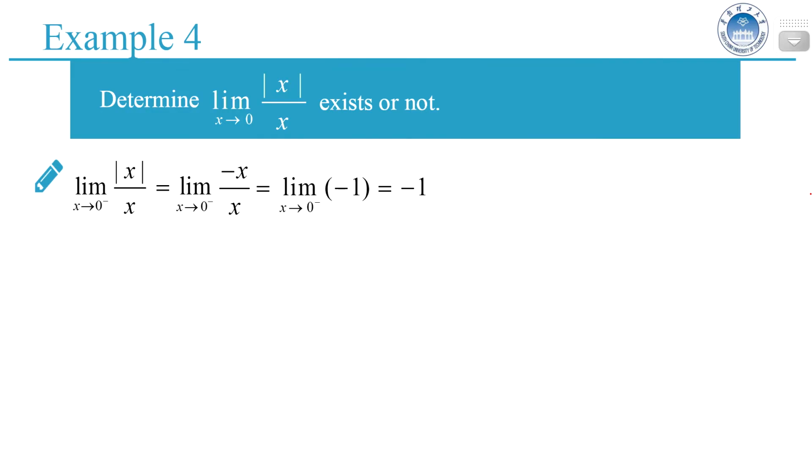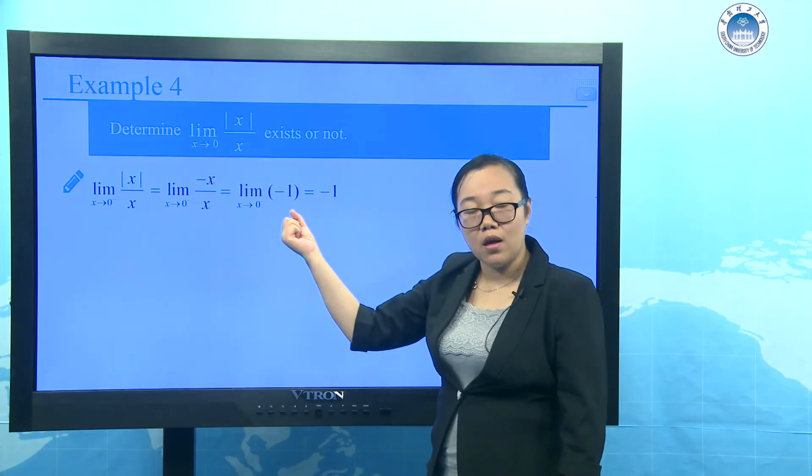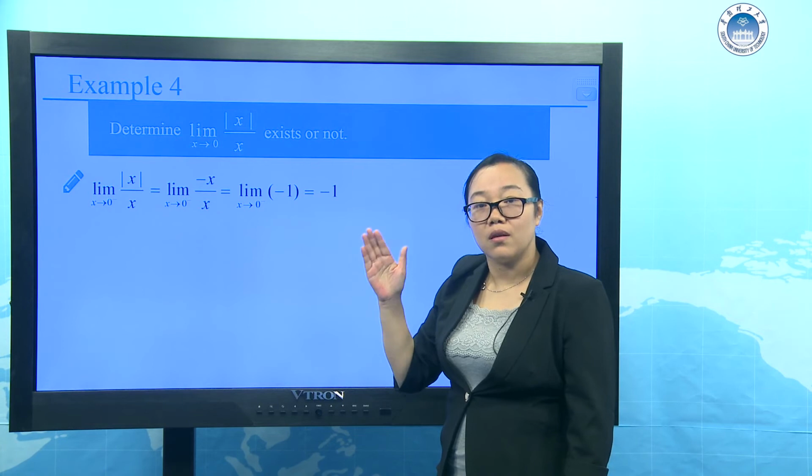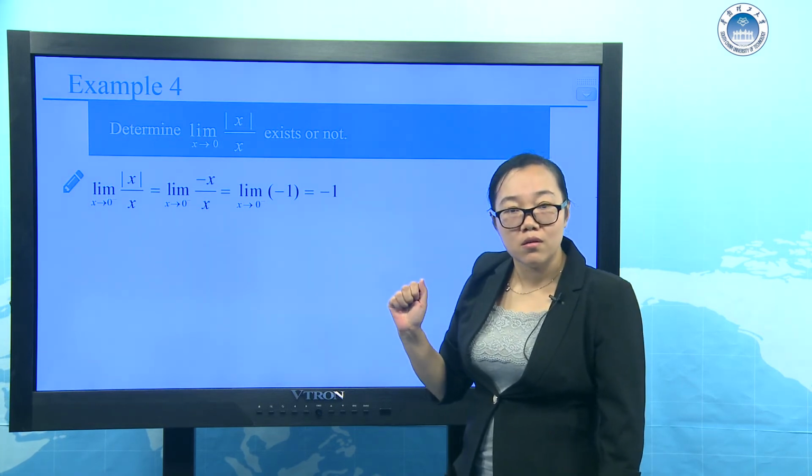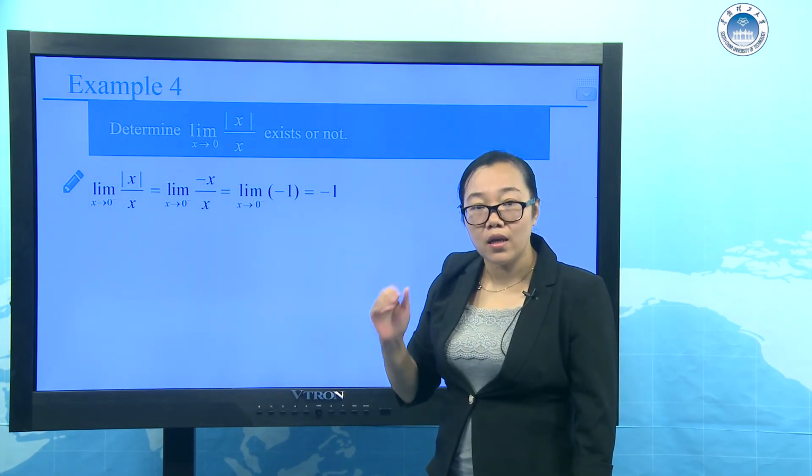The left-hand limit: x tends to 0 from the left side, absolute value of x over x. x tends to 0 from the left side. This means x is less than 0. Less than 0 means it's a negative number.